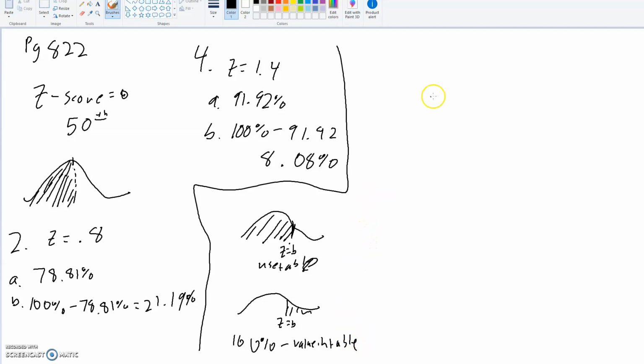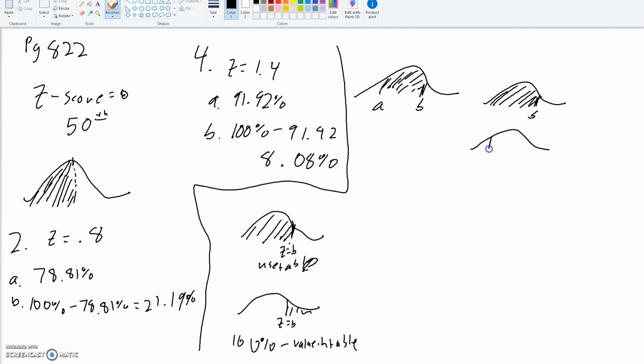So then our third case that we haven't yet seen an example of is, what if we want to know the amount between two values here, say A and B, and we want to know the percentage of our curve that lies between these two. To see that, I'm just going to draw a little diagram here. For less than B, we would just find our value in the table.